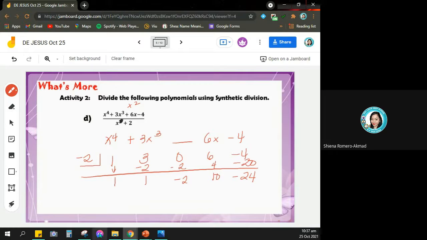Next, all we have to do is to assign. This is the remainder. This is the constant, variable x squared, x squared and x cubed. We have x cubed plus x squared minus 2x plus 10 minus 24 divided by the divisor, which is x plus 2.